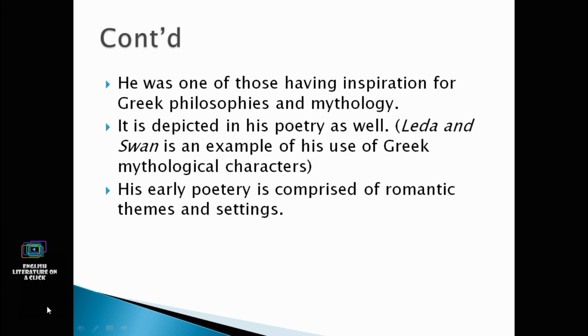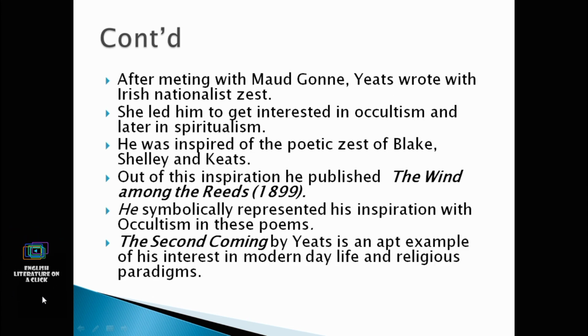His early poetry is comprised of romantic themes and settings. He was one of those early figures who were inspired by the romantic zest. There came a transitional period in the life of W.B. Yeats when he met Maud Gonne.